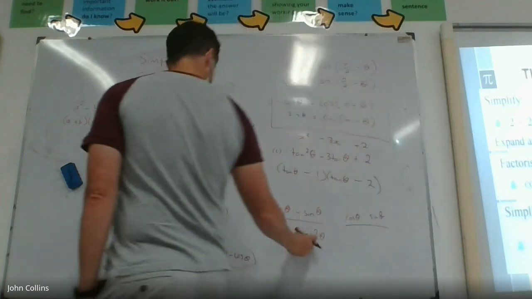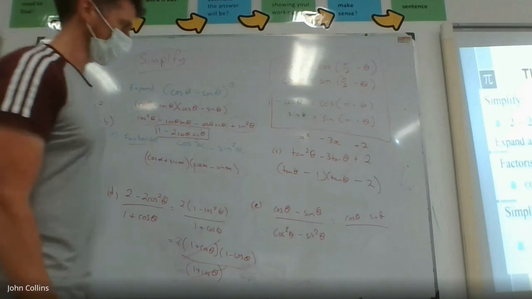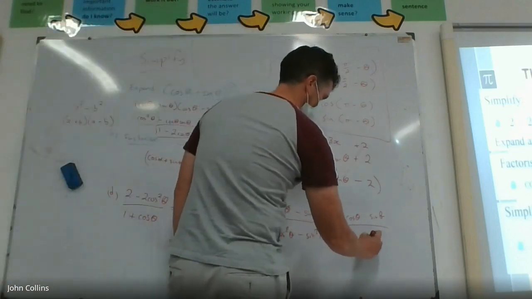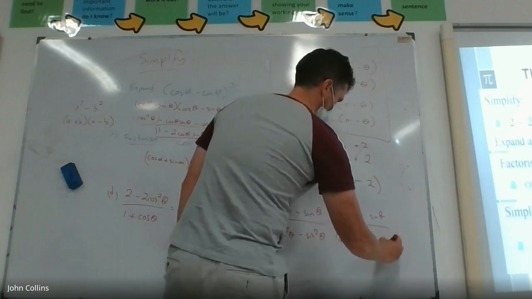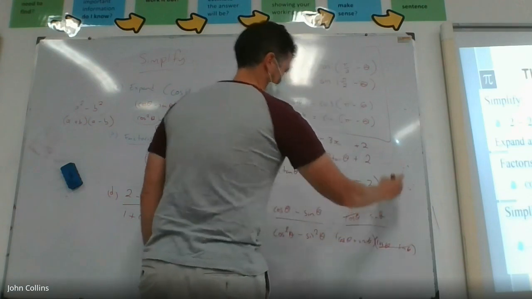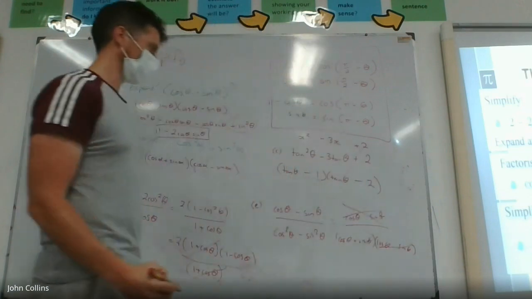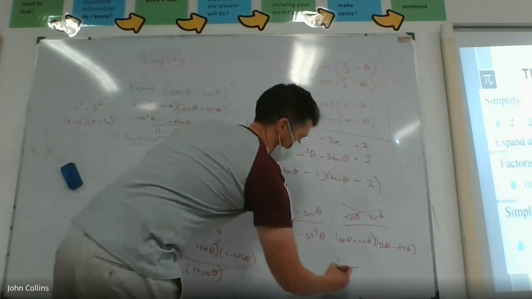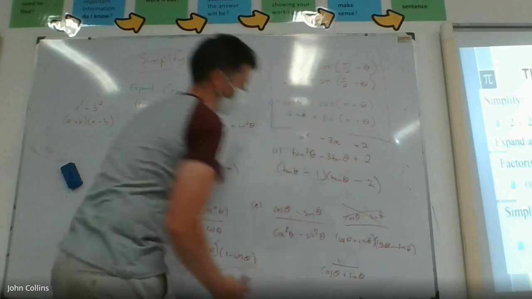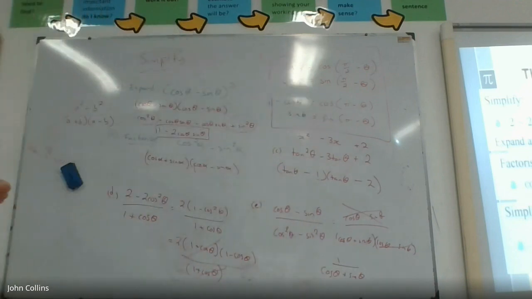This one can factorize, the difference of two squares again: cosine theta plus sine theta and cosine theta minus sine theta. And that one cancels with that one. So we're left with 1 over cosine theta plus sine theta. Final answer. Just simplifying, just trying to get them a bit neater, a bit tidier by factorizing. They all have to be factorized, well, besides the first one.